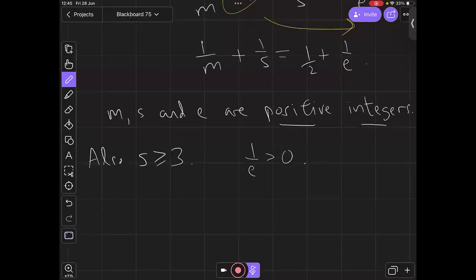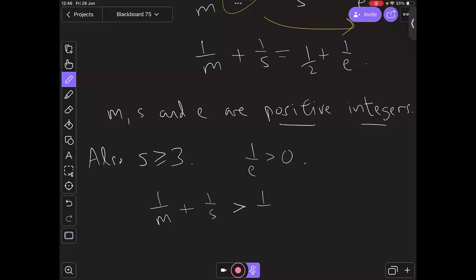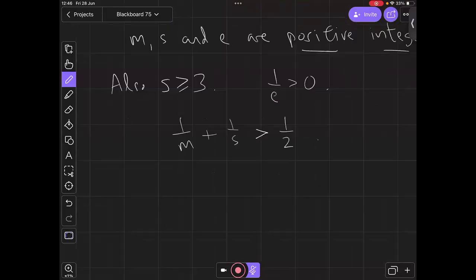So now we get an inequality. 1 over M plus 1 over S equals a half plus 1 over E, so this has to be strictly bigger than 1/2. Does everyone agree with that? Yeah, sure. Okay.